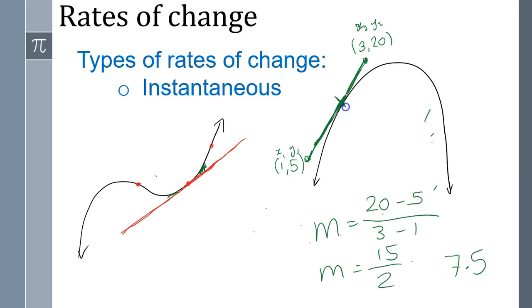At that point there, the graph is growing at a rate of 7.5 units. So we can take a snapshot and we can do that all the way across. We could find the instantaneous rate of change there, and there. We can move that all the way along.